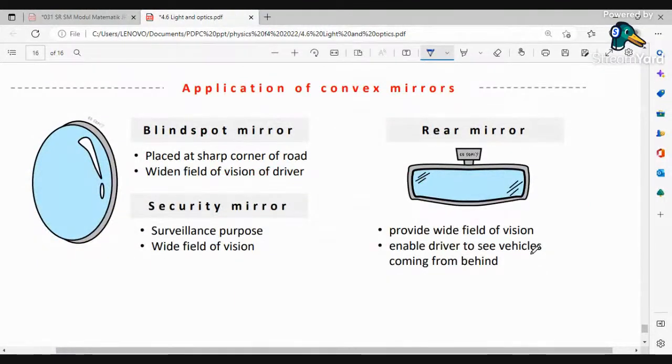Okay, for convex, we have, for example, the blind spot mirror at a sharp corner of the road.